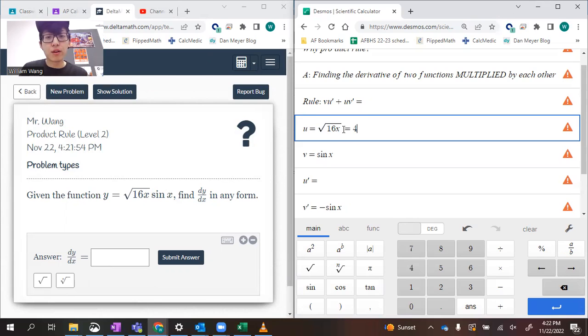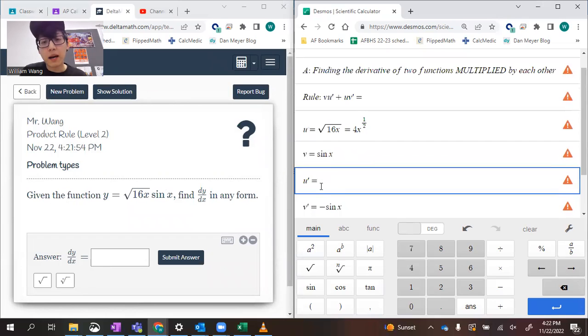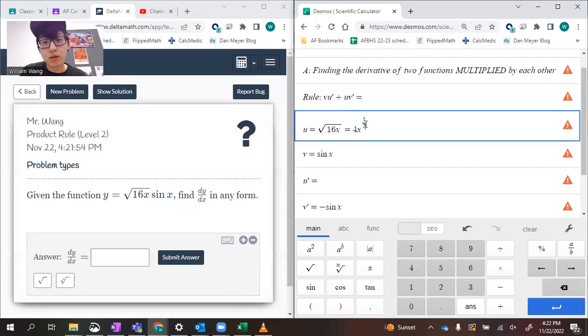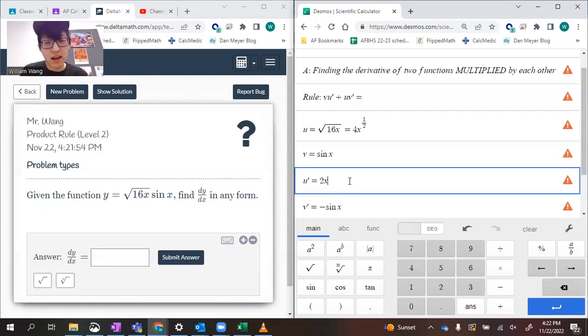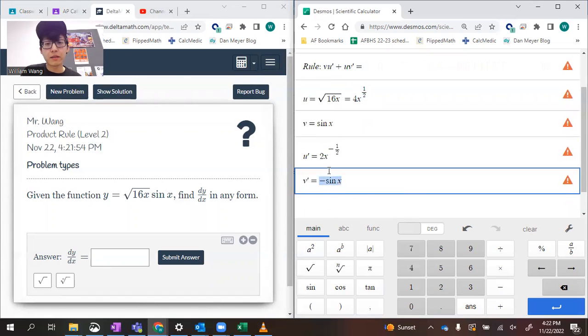And then square root of x can be rewritten as x to the 1/2. So hopefully you remember, or this makes sense, right? We practice a lot of rewriting square roots as exponents. That means my derivative of u is going to be 1/2 times 4, so it's going to be 2x, and then I subtract 1, so it's negative 1/2. All right, then my v prime is the derivative of sine, so it's cosine of x.